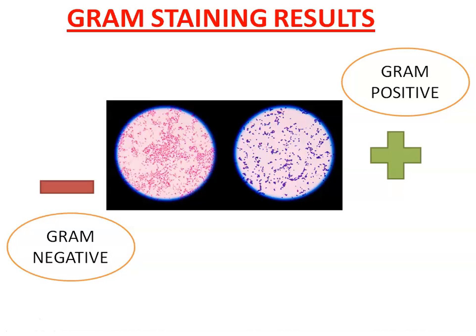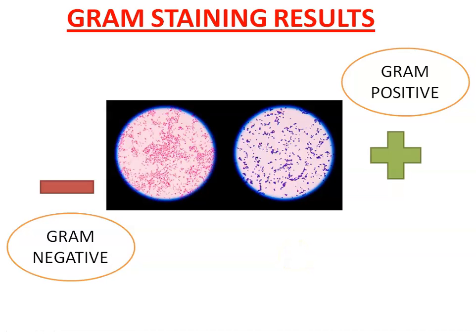Instead they have a very thin wall. That is why they lose the color of the crystal violet and Gram's iodine, and they end up taking the secondary stain color, the safranin, which is red. And that is why these bacteria are called gram positive bacteria, and these are called gram negative bacteria.